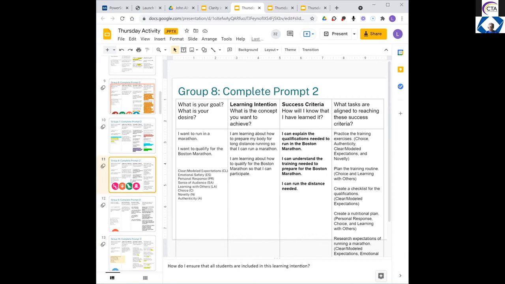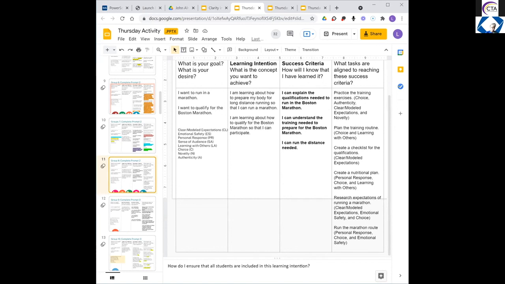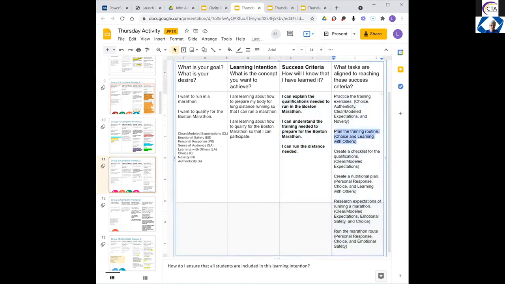The create a nutritional plan, we did say it's a personal response and a choice, but it's also a learning with others because unless you're a nutritionist and you're an expert in this, you might have to contact someone who might have done this before and speak to them about it and see what they can tell you about a nutrition plan. Plan the training route. This is a choice and a learning with others as well. Someone can tell you adding this to your route will help and taking this away will not help, and so on and so forth.